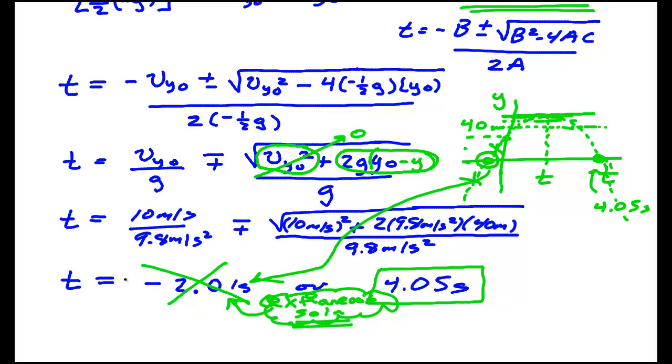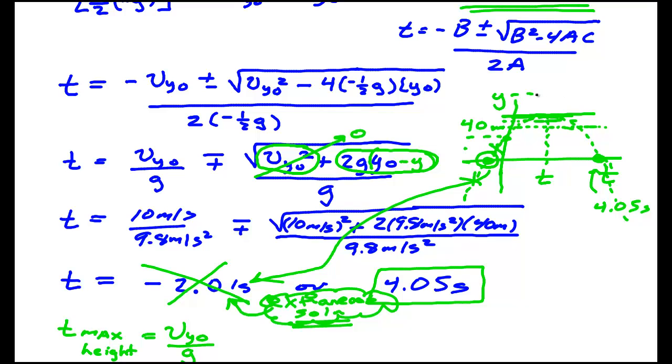So I'll tell you something else. The time at which it was at its maximum height is Vy naught over g. This is something you should have learned in college algebra, or algebra 2 in high school, about parabolas. That when this thing is the only term, that's when the object is at its maximum height.